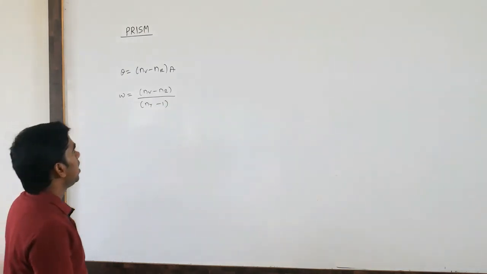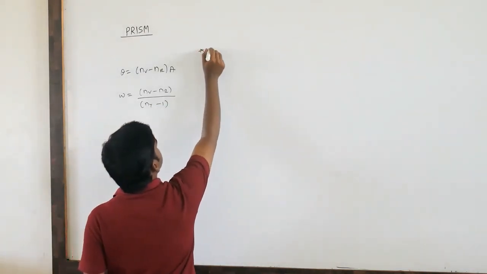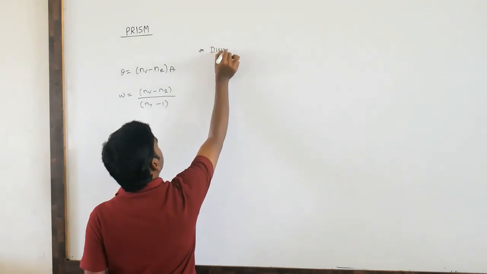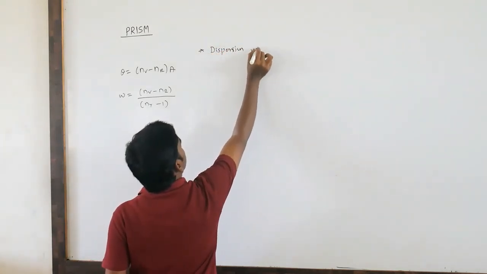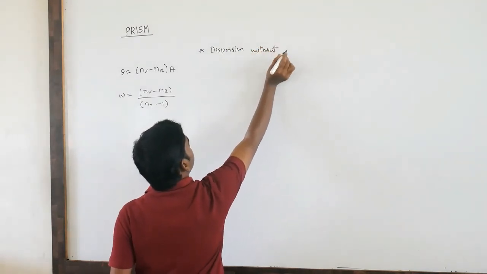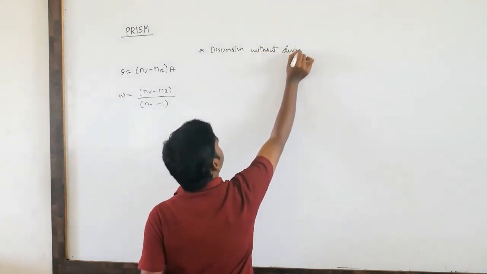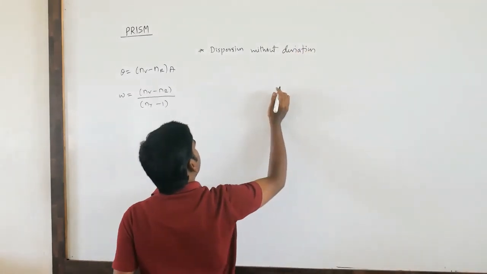Now, if you see dispersion without deviation, what will happen in this case?